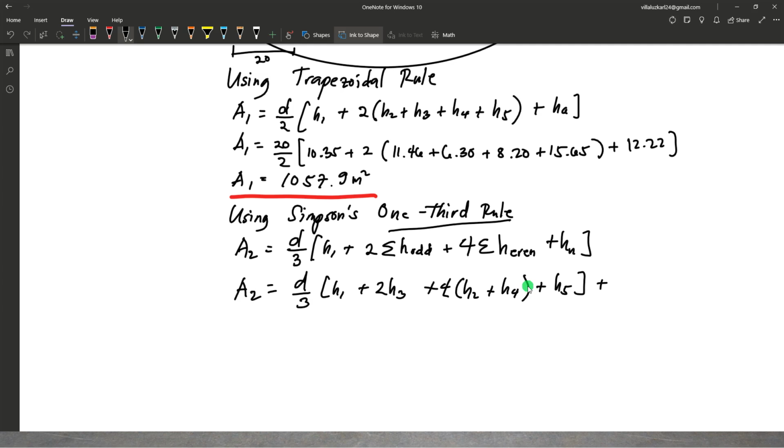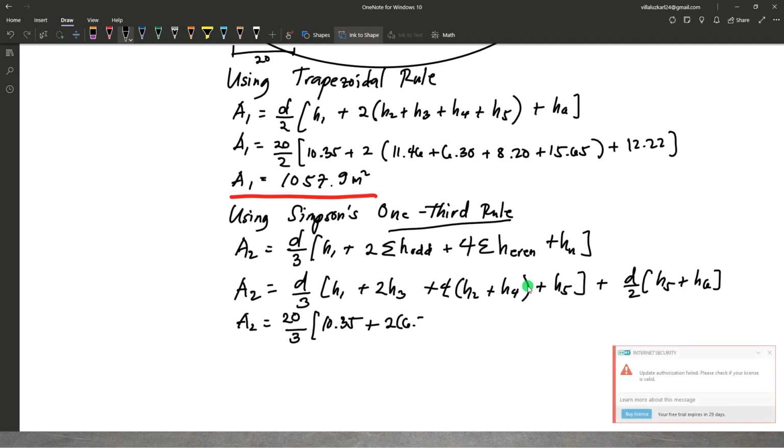The remaining, we have d over 2 times trapezoidal rule, we have h5 plus h6.